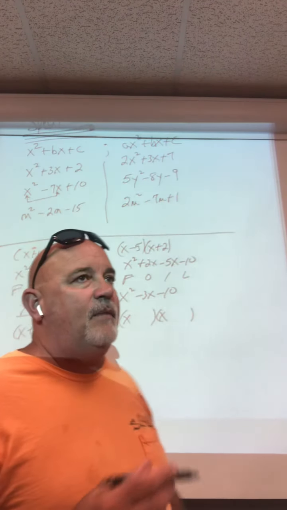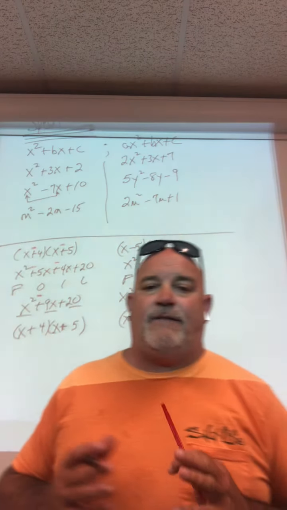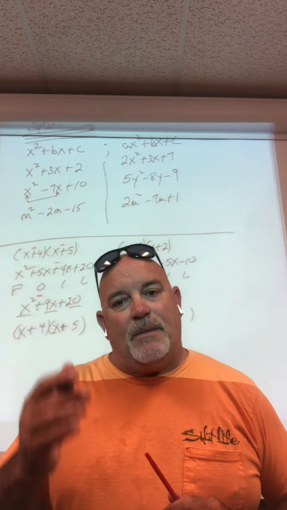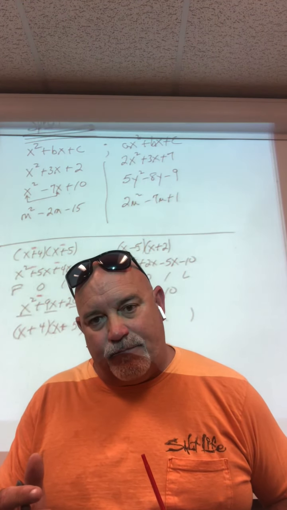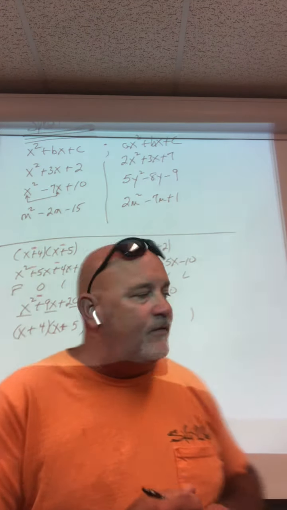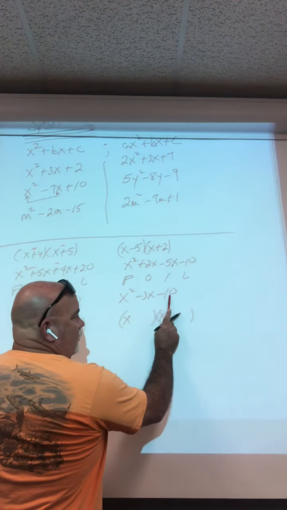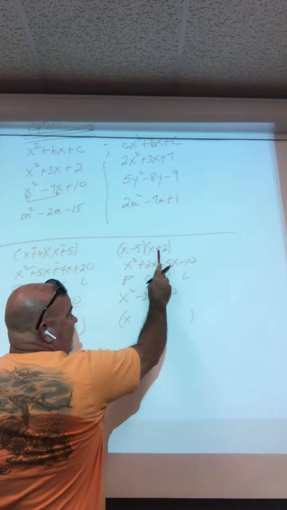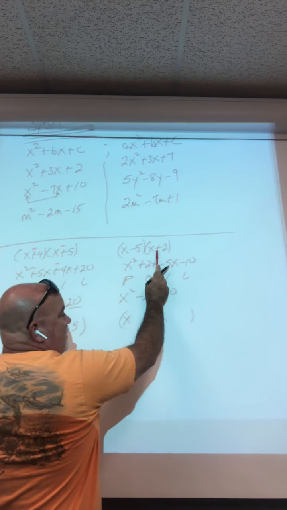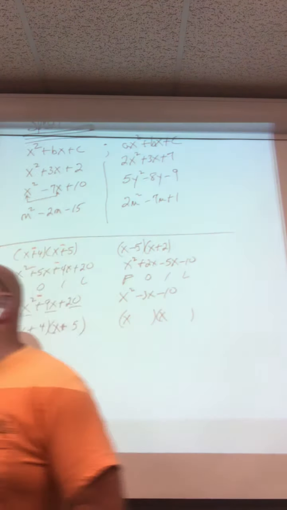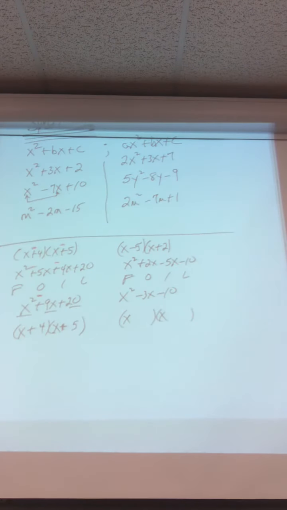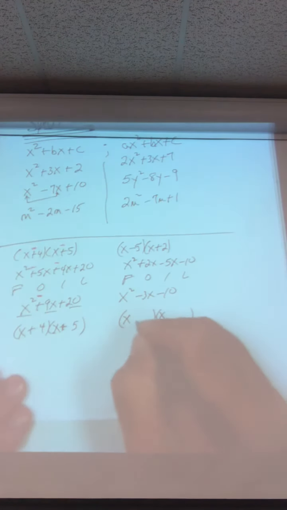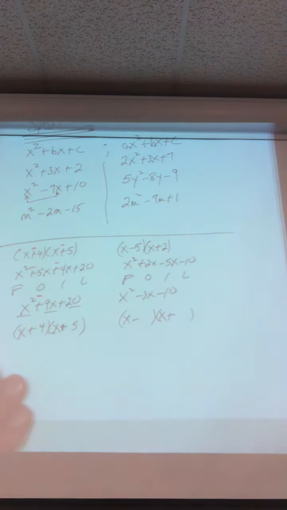So if I said give me 2 numbers that multiply together to give you a negative, doesn't that mean that one of them has to be positive, one of them has to be negative? So if you're going to multiply to get -10, one of them's got to be positive, one of them's got to be negative. Now, it doesn't matter whether the positive is in the first parentheses or the second parentheses, but it will matter what you put behind them.